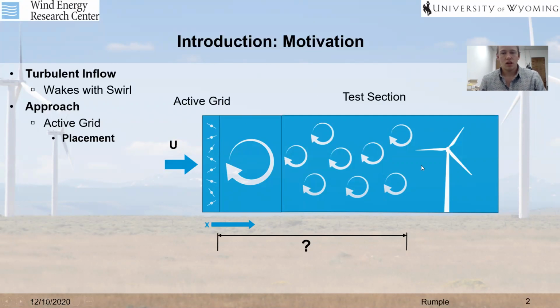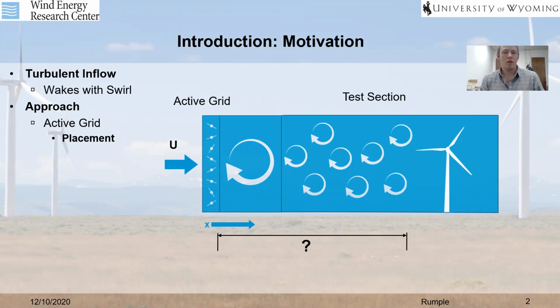So if you look at the little caricature on the right, you have your active grid here, and I'll explain exactly how it produces turbulent inflows, but essentially it imparts vorticity in the flow, and as it enters into your test section, that flow eventually cascades down into heat in the typical sense of turbulence, so that by way of the active grid, you can change these quantities to match something that would resemble, let's say, free space turbulence that happens in the atmospheric boundary layer.